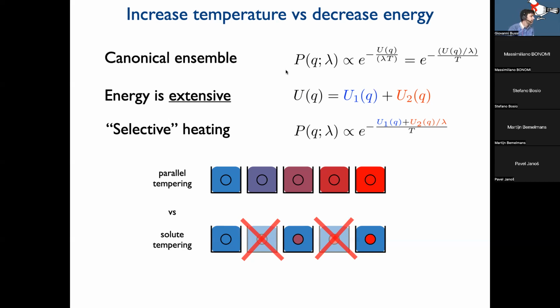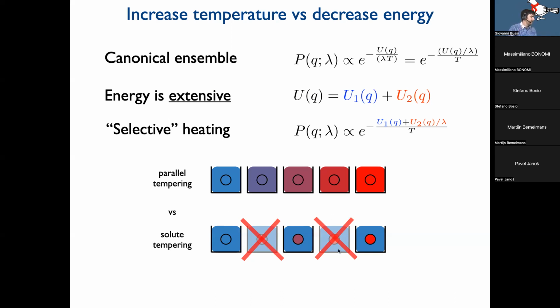So why can this be an advantage? Let's say that you have a molecule in water. We assume that this increased temperature is useful to cross barriers, but we typically do not assume that there are large barriers in water-water interactions. So maybe it's not necessary to increase the temperature of the entire system. If you could find a way to increase the temperature only of your solute, it could be an advantage.